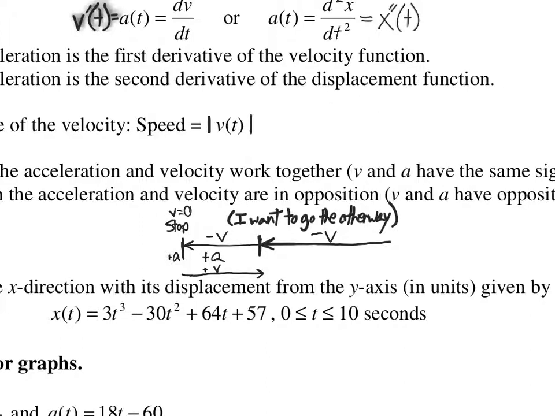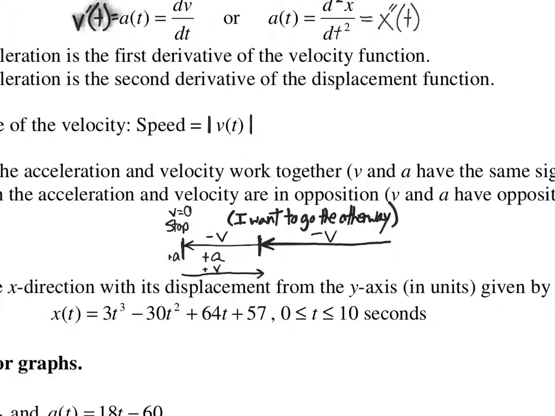Acceleration is what is changing our velocity from negative to positive. You're adding a positive acceleration to a negative velocity, and what does that do to your speed? You're slowing down right here, okay?